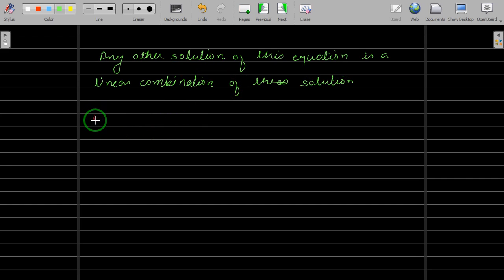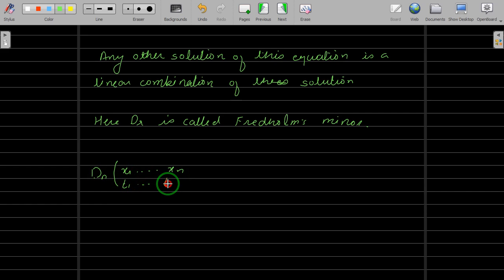Now, as I said here, this D_r is called Fredholm's minor. And what is that? D_r, or D_n, of x_1 up to x_n, t_1 up to t_n, you can put n or r, it's the same thing.